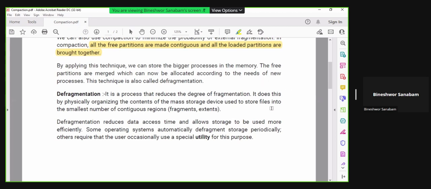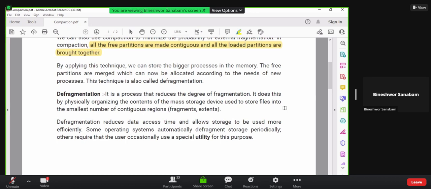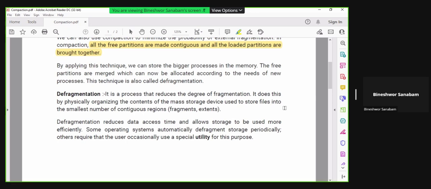Defragmentation reduces data access time and allows storage to be used more efficiently. Even our operating systems usually have defragmentation tools or utilities. Some can be done periodically and automatically, and others we may use the utility manually.